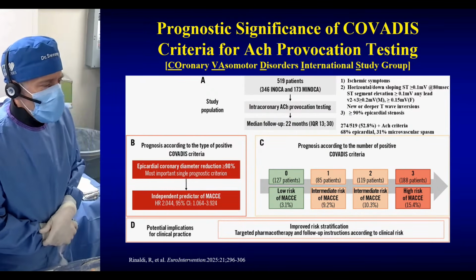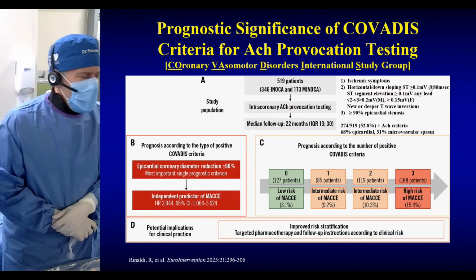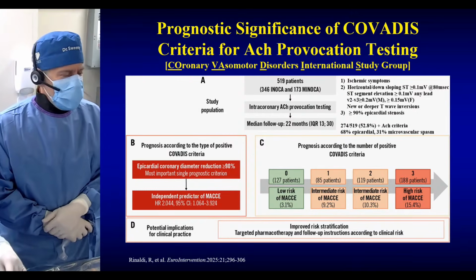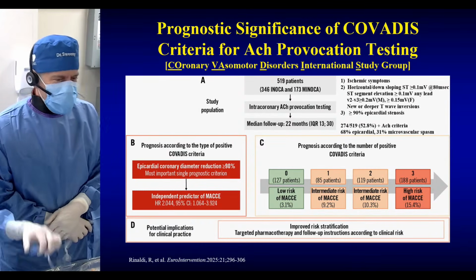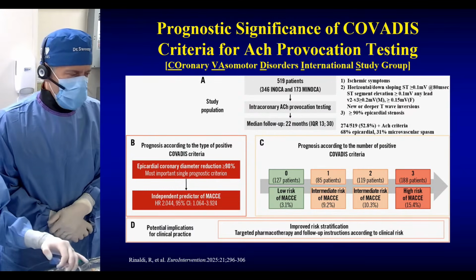Yep. So there's one aspect that always comes up that we're asked about, which is how do we know if a patient's having spasm? And the prognostic significance of spasm has been studied pretty extensively through the COVADIS registry.